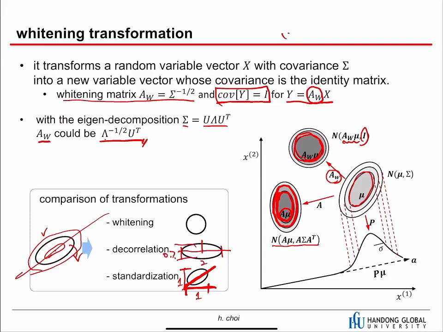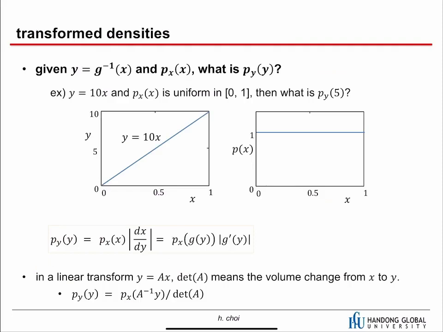But if we apply the whitening transformation to this distribution, then we have variance 1 in this dimension and variance 1 in this dimension, and there's no major axis here, which means there's no correlation between them. So it's whitened.